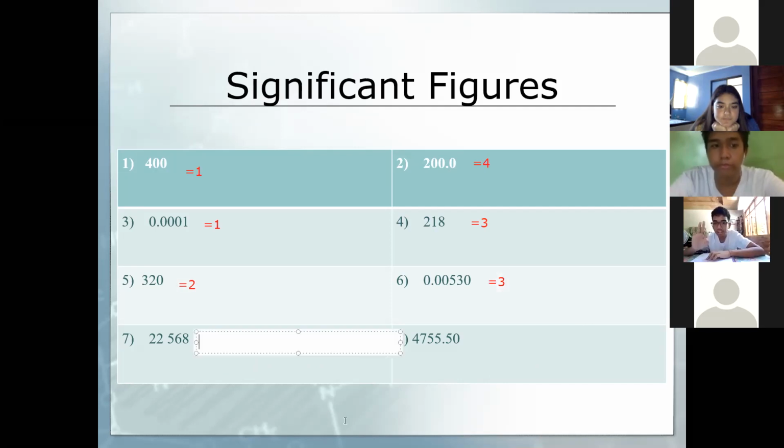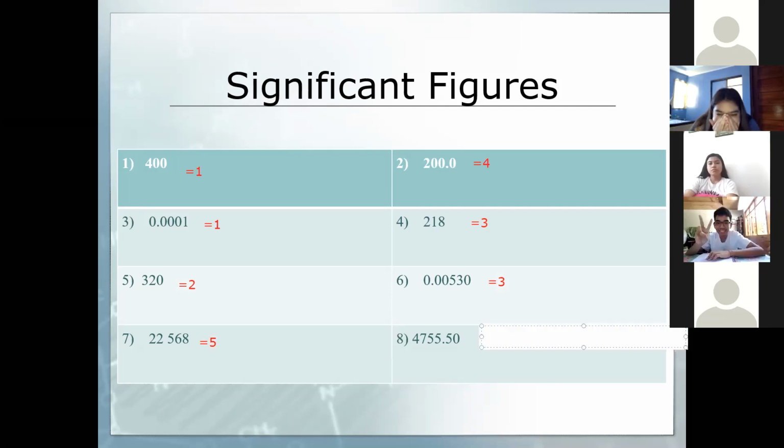James, number 7, how many significant digits are there? 5, sir. 5. Number 8, Miggy. How many significant digits are there? 6. Very good. This is already 6 because that 0 is to the right of a significant digit, which is to the right of the decimal point. Okay?